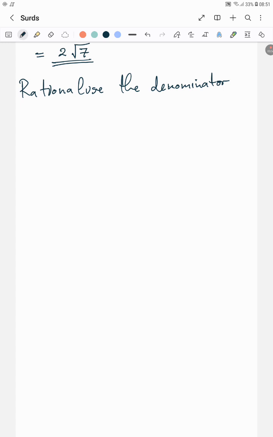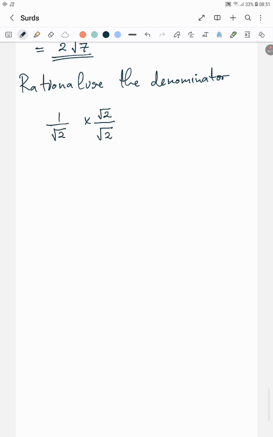If you have a question that says 1 over root 2 and you have been asked to rationalize it, this is what you do. You multiply it by root 2 on top and root 2 at the bottom. So on top you end up with root 2, and at the bottom you end up with 2.